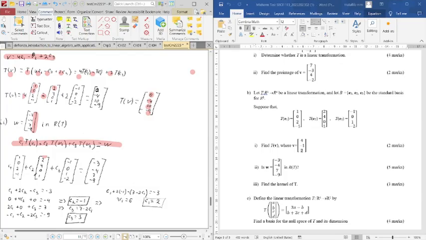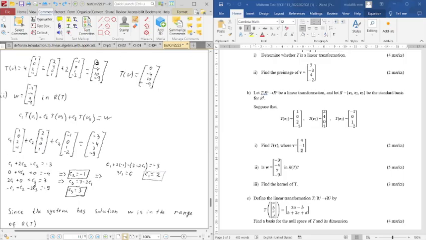So we substitute back everything: C1 times the transformation of the given vector 1, 0, 2 and negative 1. For C2 and C3 we do the same, and it's equal to the given vector W. After this we just calculate it as we did before with this linear system of equations. For the first one, C1 plus 2C2 minus C3 equals negative 3.